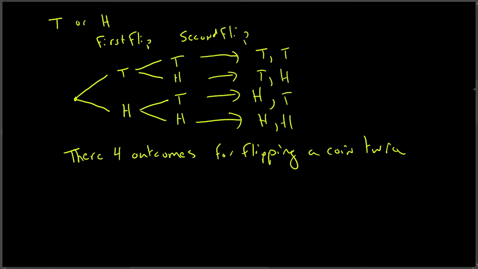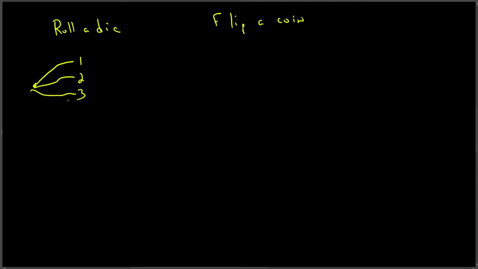Well, let's combine. Let's roll a die and flip a coin. So I'll roll a die, and then I'll flip a coin. My possibility for rolling a die, I can roll a 1, I can roll a 2, I can roll a 3, I can roll a 4, I can roll a 5, or I can roll a 6.